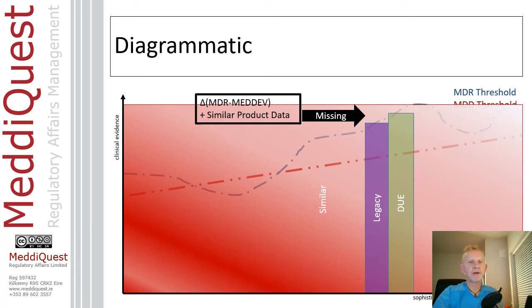It may be something we can get from similar product data. It may be something that is actually there already. It's not necessarily driving us to a new clinical investigation. We may already have the data that we need.